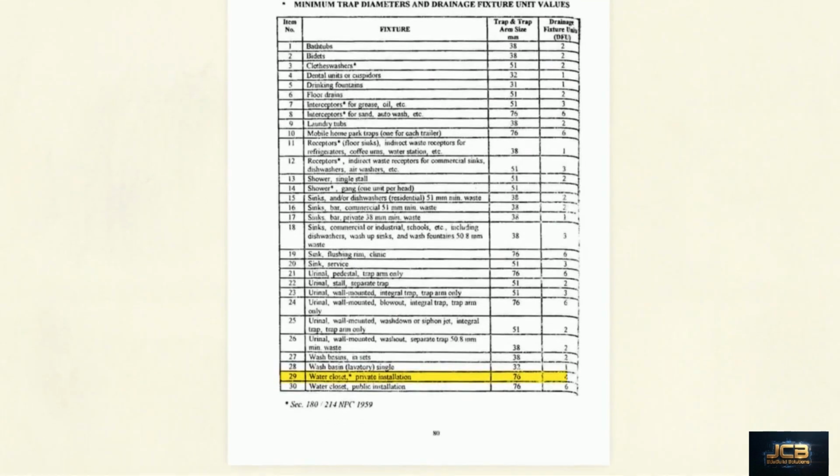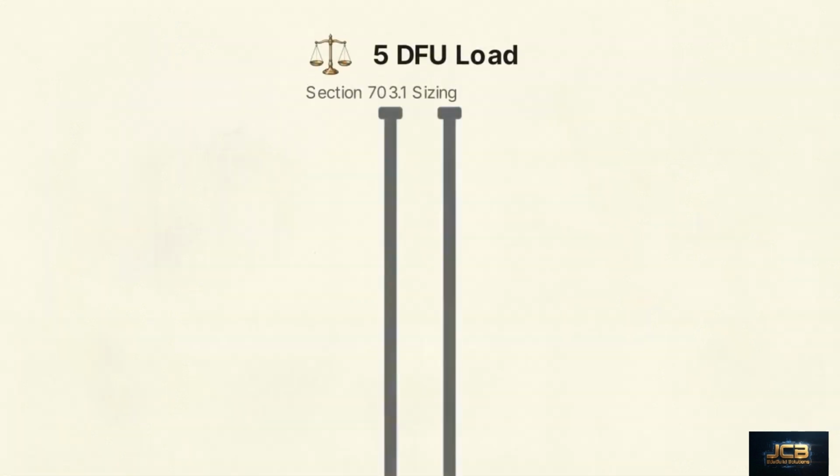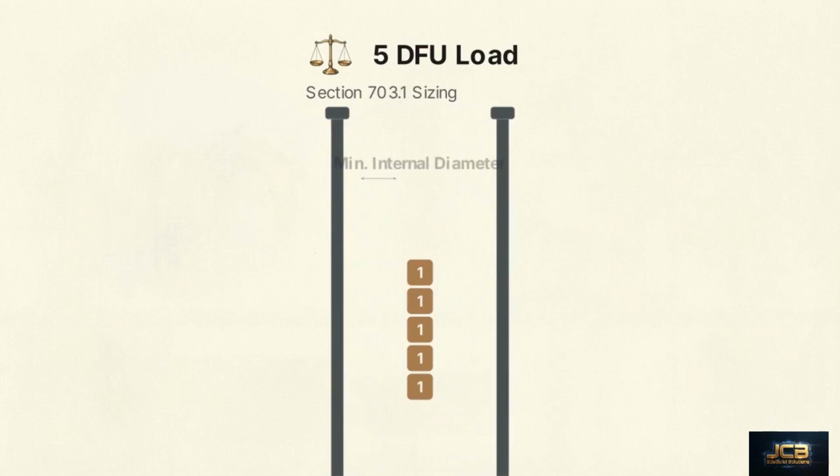Item 29, a private water closet, generates 4 DFUs with a 76 mm trap. Item 28, a single wash basin, adds 1 DFU and a 32 mm trap, giving our bathroom a cumulative load of 5 DFUs. This calculated load strictly dictates the minimum internal diameter of the vertical drainage stack needed to accept the combined waste without backing up.